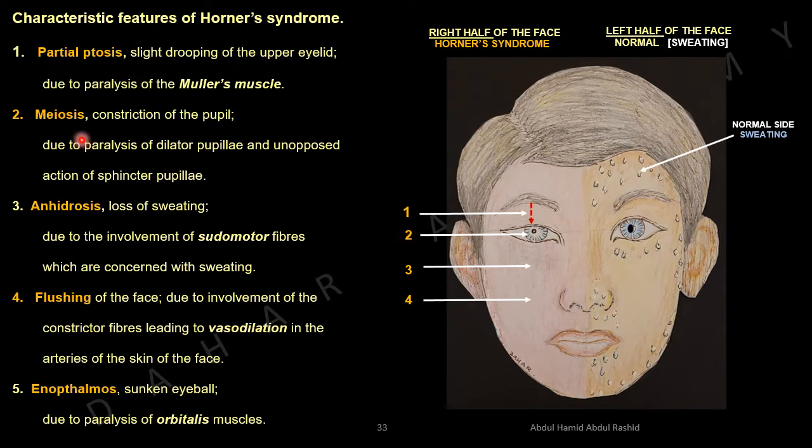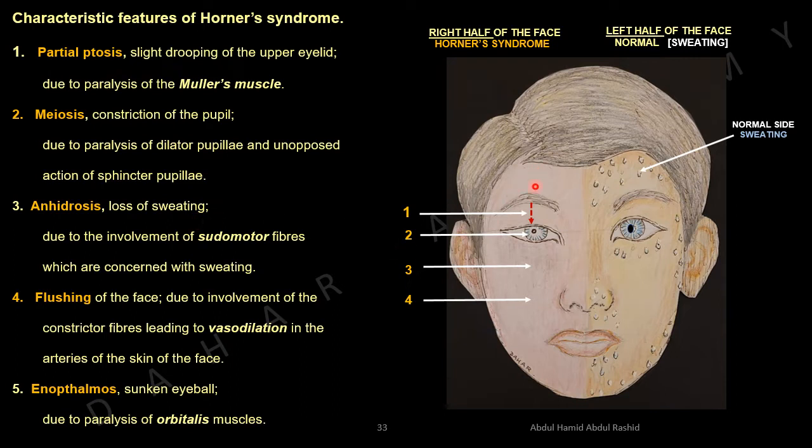Number 2, miosis, constriction of the pupil due to paralysis of dilator pupillae muscle and unopposed action of sphincter pupillae. You can see the pupil is much smaller than the normal side. Number 3, anhidrosis, loss of sweating.